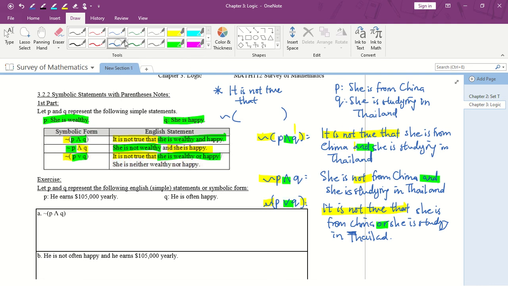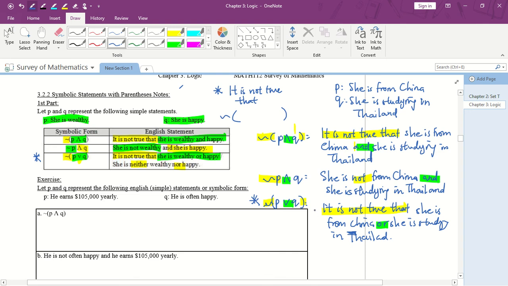However, especially for the last one, or, there is also another way of writing it. If you don't want to use it is not true that, you also can use the words neither nor. Okay, this is a combination of negation and the or sign. She's neither wealthy nor happy.